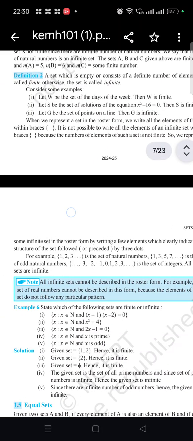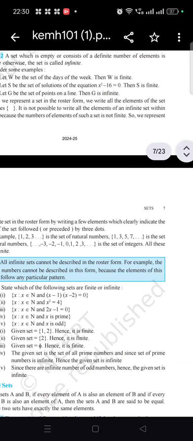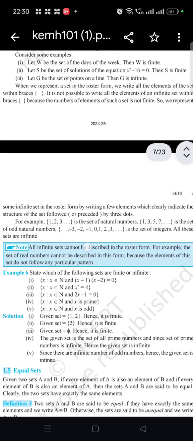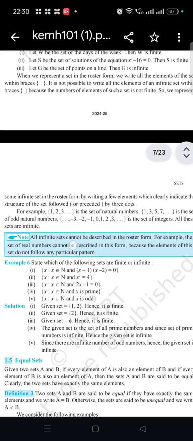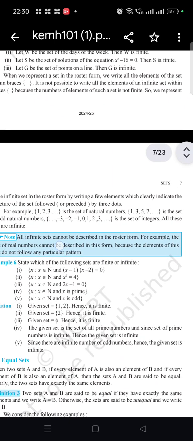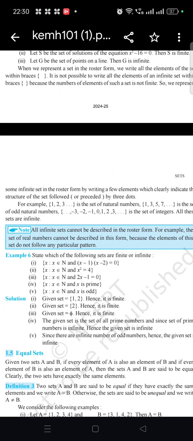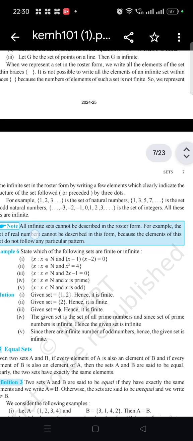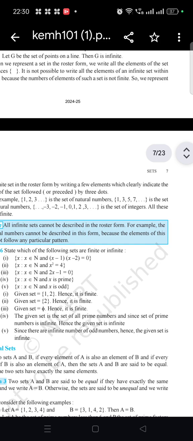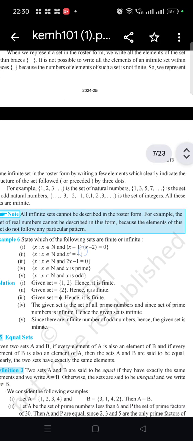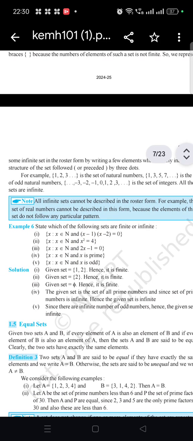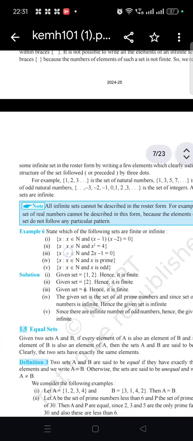So we represent some infinite sets in roster form by writing a few elements which clearly indicate the structure of the set, followed or preceded by three dots. For example, 1, 2, 3, dot, dot, dot is the set of natural numbers. And 1, 3, 5, 7, dot, dot, dot is the set of odd numbers. And minus 2, minus 1, 0, 1, 2, dot, dot, dot is the set of integers. All these are infinite.